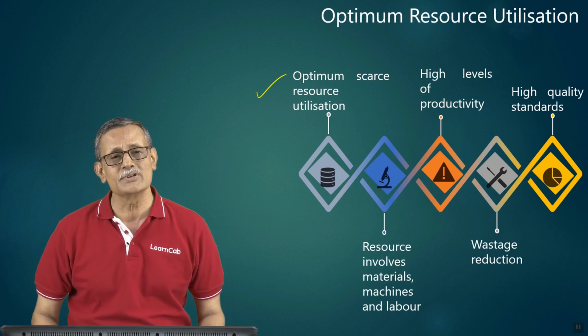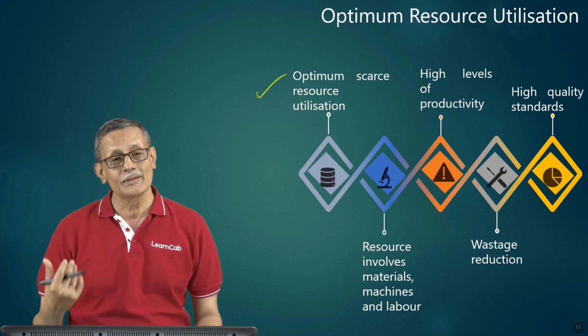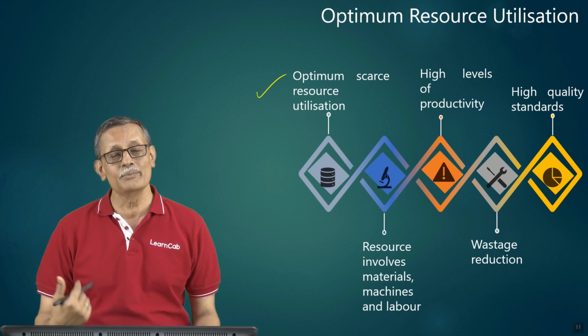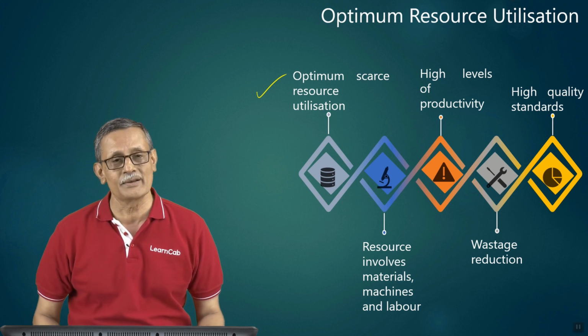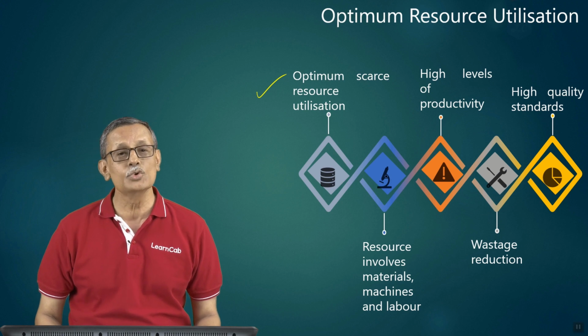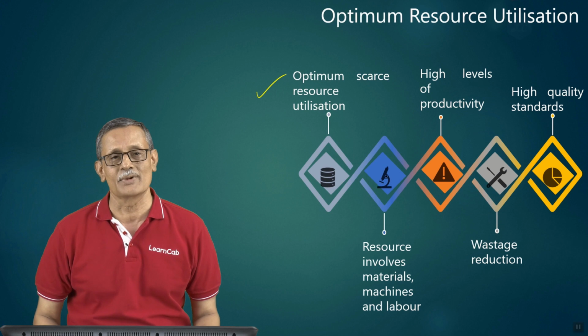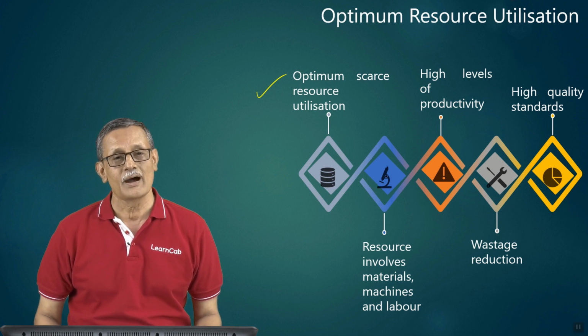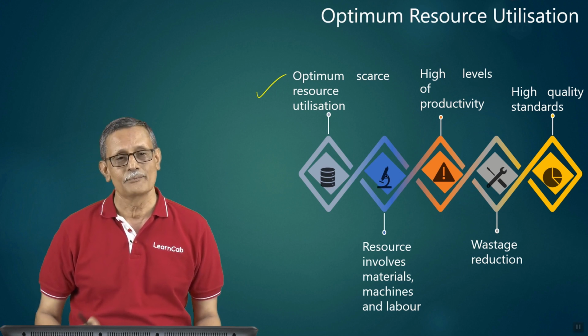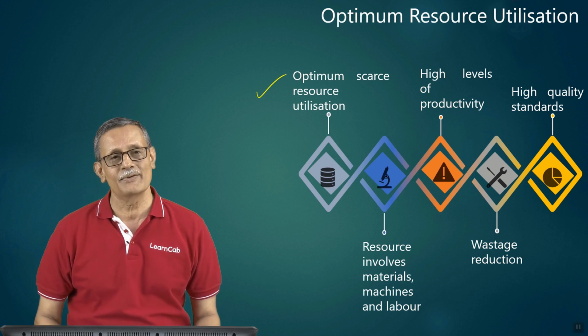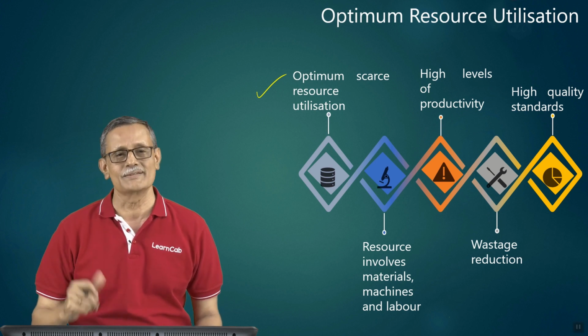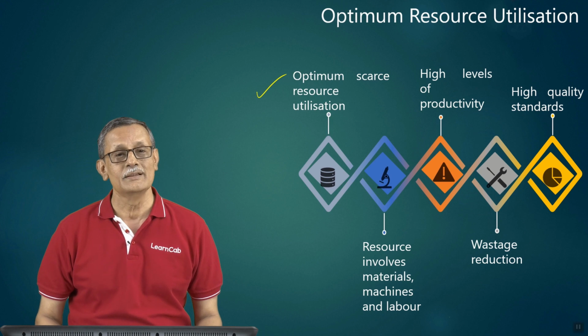Sometimes even 1 million vehicles will be brought back to the factory because they didn't do the intended purpose. The design was not as promised to the customer. These things are very bad for the profitability of the industry as well as its future. So all these lead to optimum resource utilization.